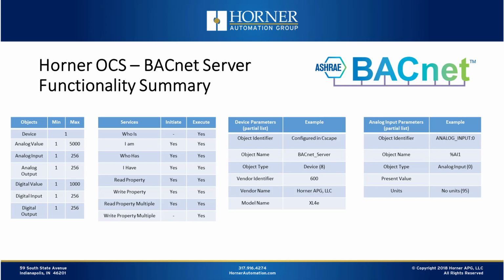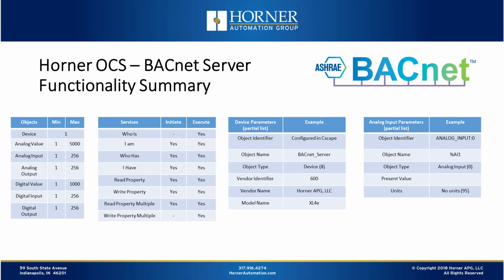And then as we continue from left to right with the additional tables, you can see we have a list of all the services that we support, and an example of some of the device parameters that we support for our device object, where we can report that this is a product that's manufactured by Horner APG, present the model name, that sort of thing.